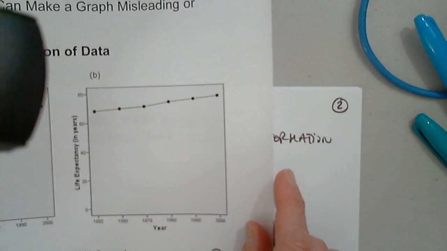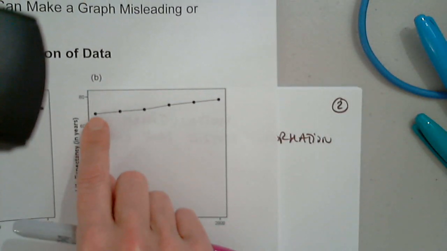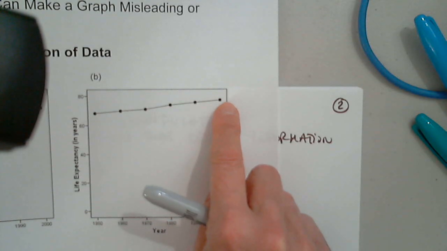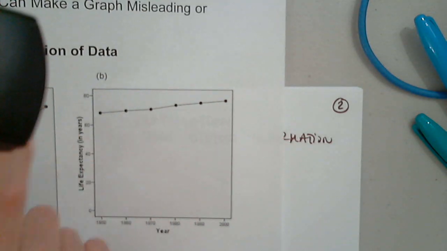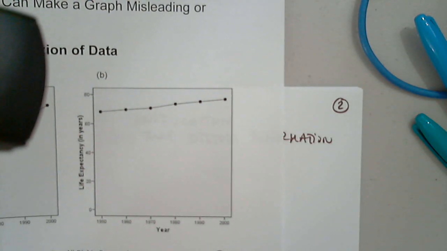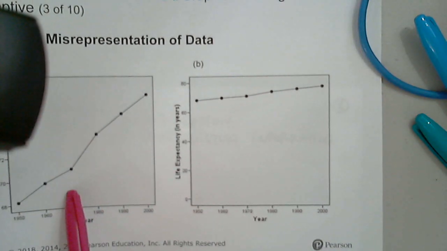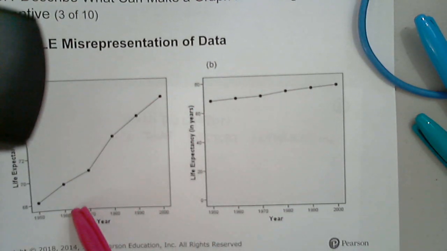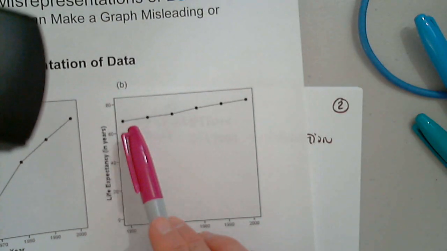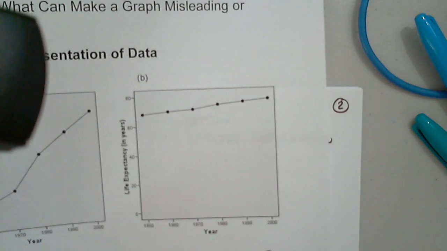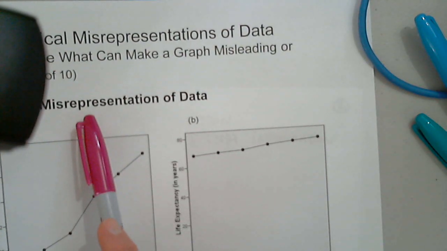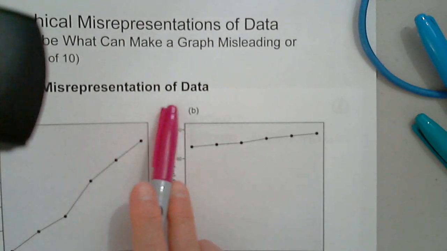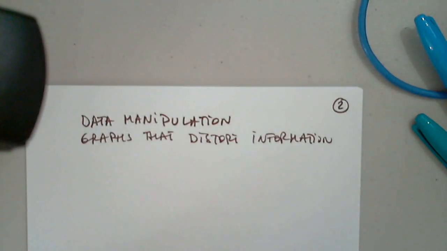But actually, from 68 to 77 is not that huge of an increase in life expectancy. So we can make it look as if it's extremely acute and very important, but it's actually not that big of a deal. That's how sometimes we can use graphs to misrepresent data.